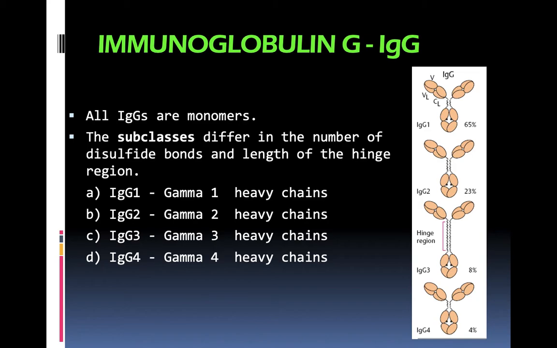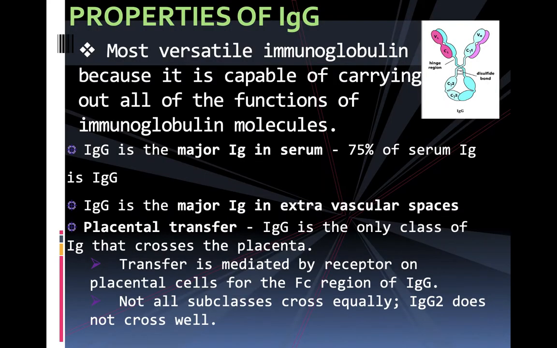Okay. IgG is actually the most versatile among all isotypes, because it can carry out all potential functions of the antibody molecules. In terms of concentration, it's also the one that is mostly dominant in the serum, comprising about 65 to 75% by volume.